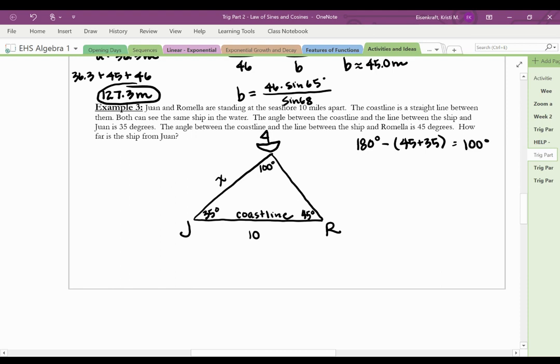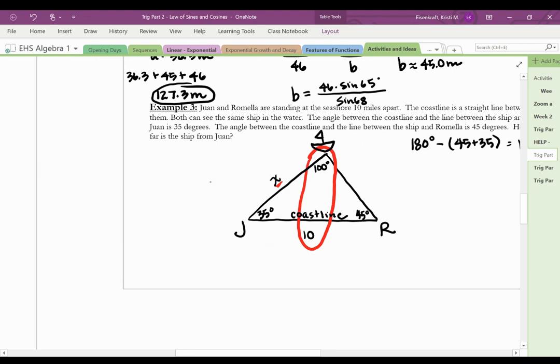That was just using the triangle sum theorem. Now I can use law of sines because I have an angle and its opposite side. I don't care about Juan's angle, I care about Romella's, because across from Romella is the side length I'm looking for. So I want to use these two.